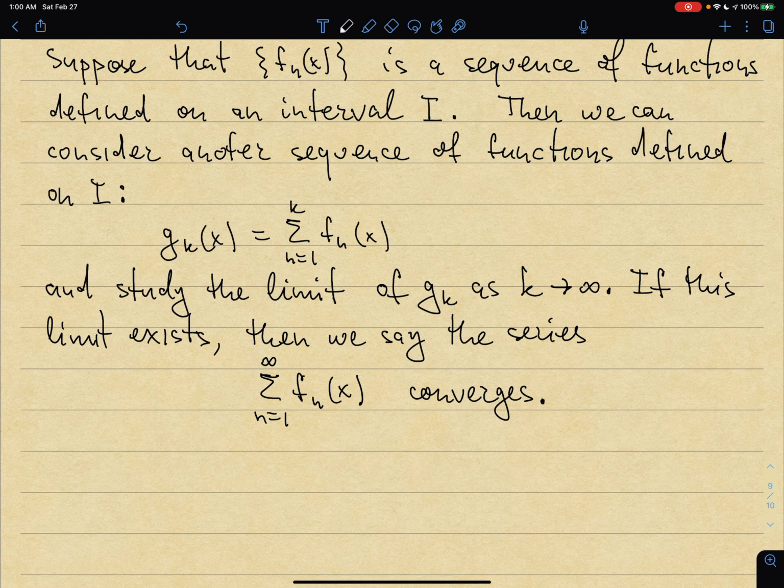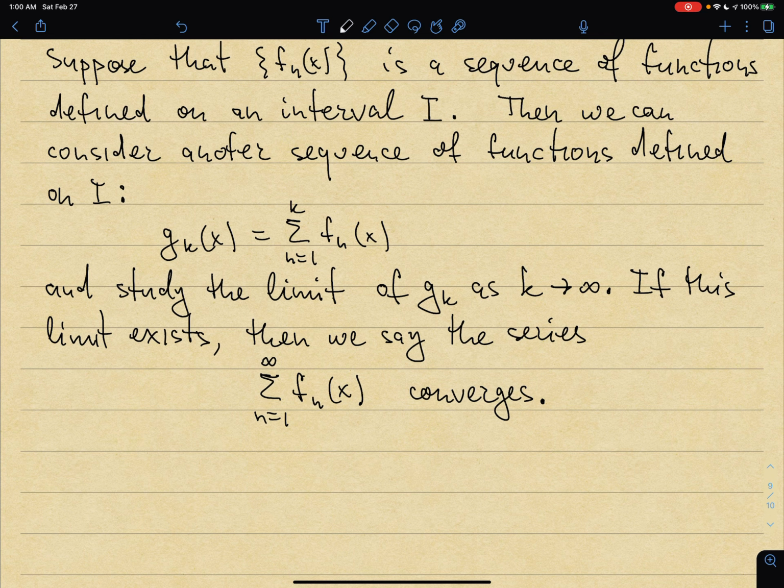So you see that this definition is basically exactly the same as the definition that we're used to for the regular series. So basically, if you want to add up infinitely many terms of your sequence, you add finitely many elements to form a partial sum.